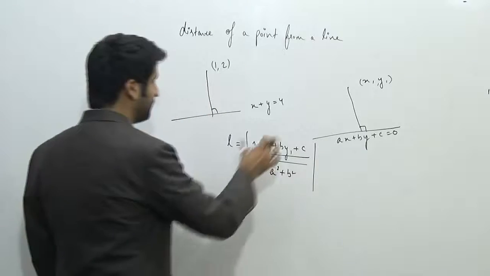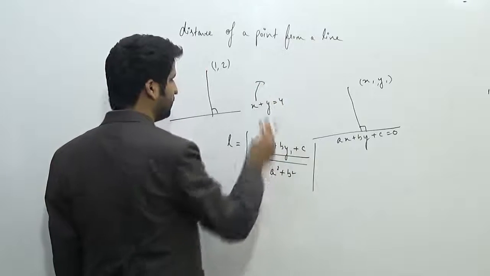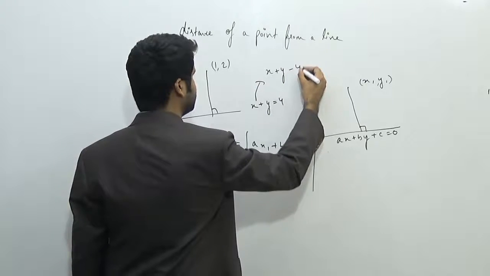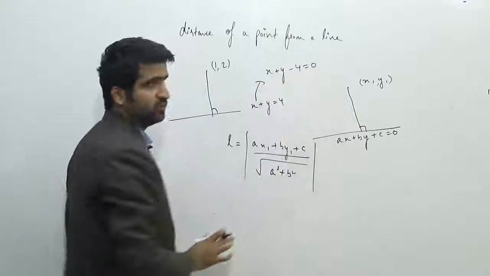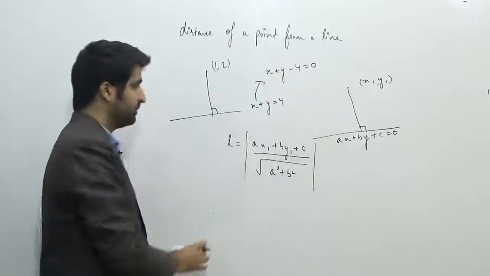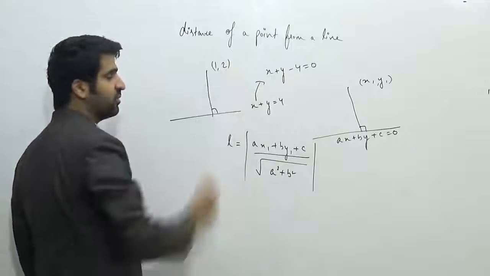Okay, so first do one thing, convert it into the general form, like x plus y minus 4 is equal to 0. This is a general form where the constant term is on the LHS only, along with x and y. Okay, now you can substitute the value of 1 comma 2 point.